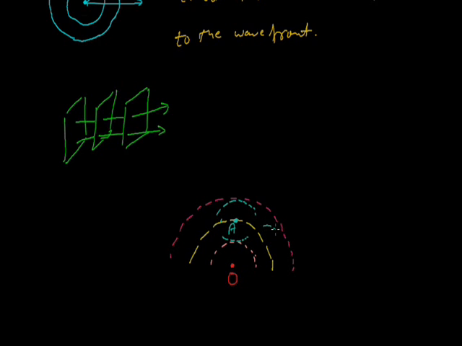There would be n number of points on each wavefront, it might be B or C, and the waves are spreading out in all directions with the speed of the wave.